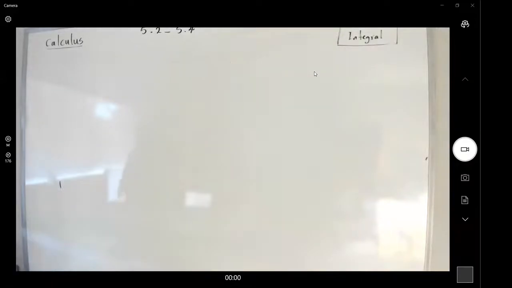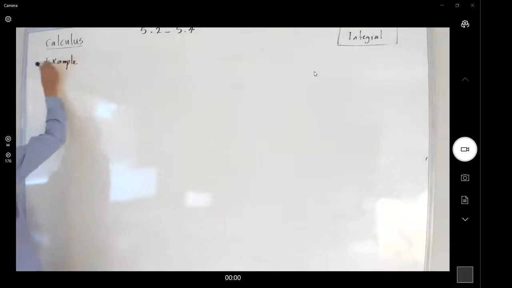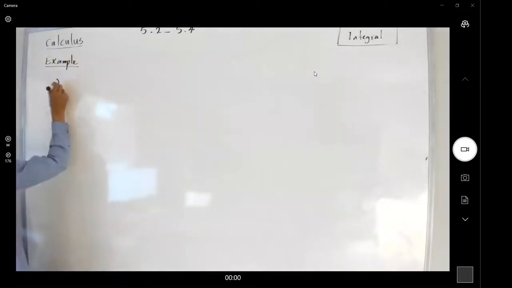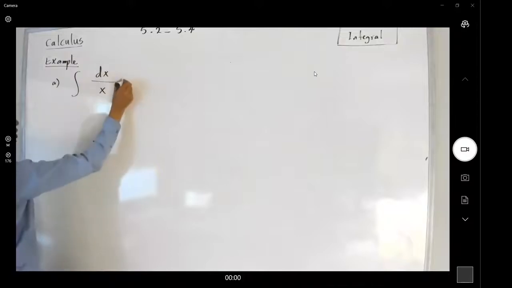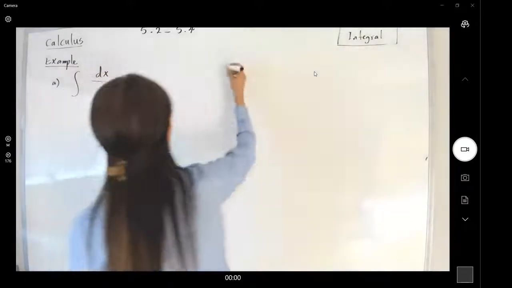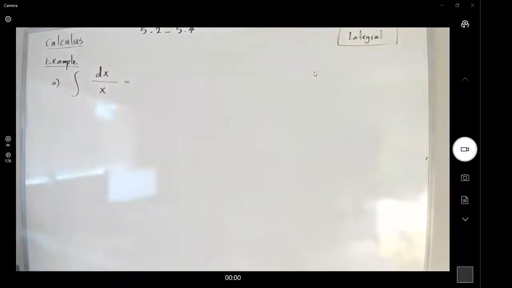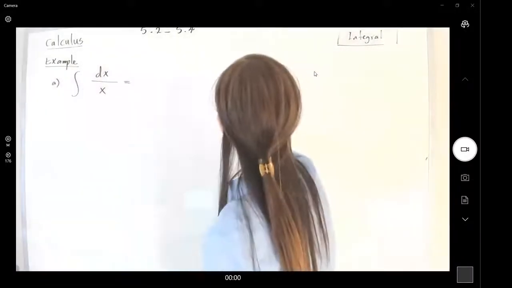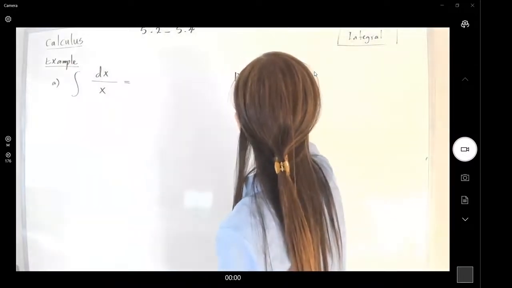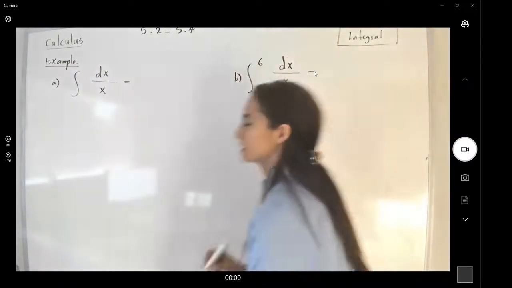The very first one is: what is the integral of dx divided by x, and what is the definite integral from 3 to 6 of dx divided by x.